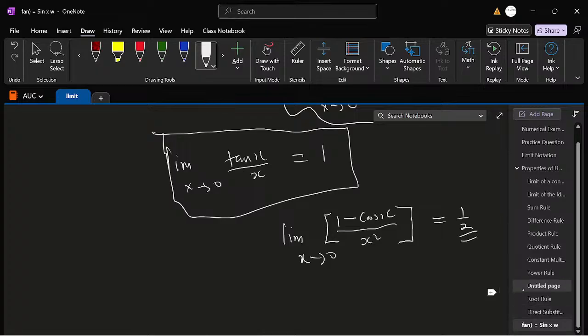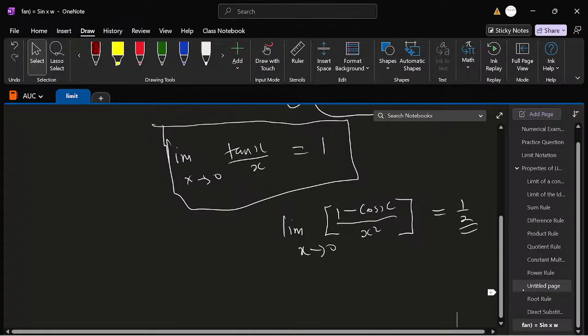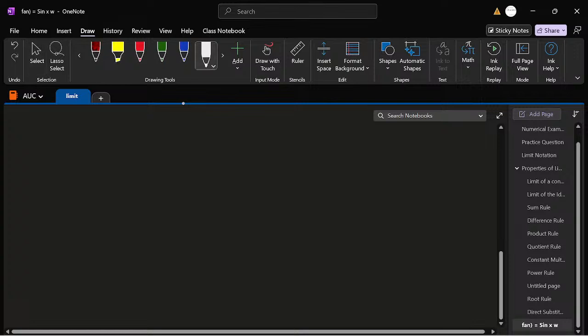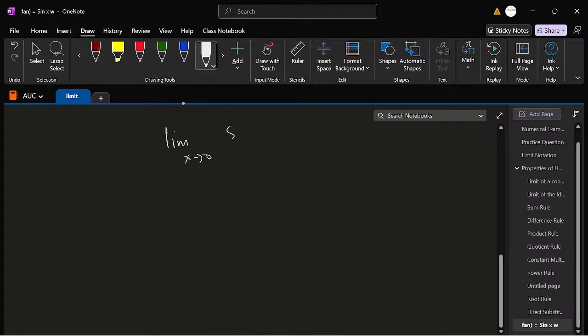So this will be equal to 1 over 2. In summary, for trigonometric functions, if you have the limit as x approaches 0 of sine x over x, it will be equal to 1. Similarly, the limit as x approaches 0 of tan x over x will also be equal to 1.